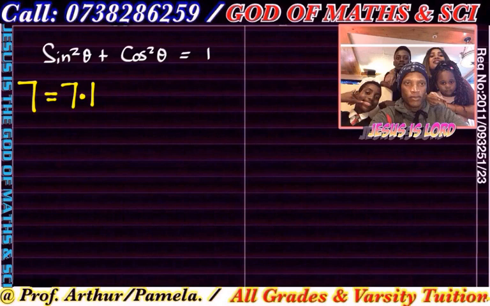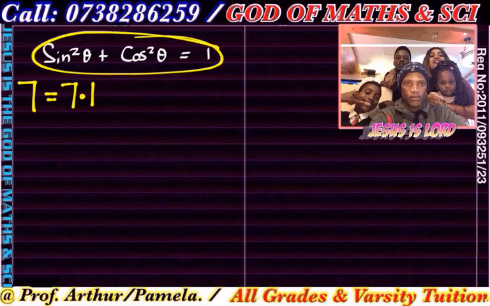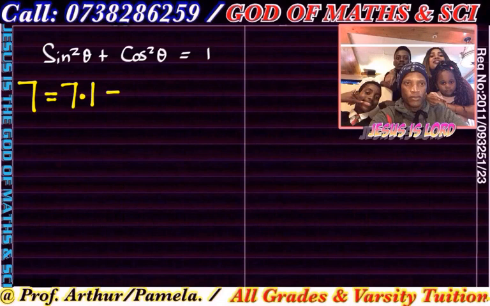But you do know this represents 1. So which means you can write that this is the same as 7 open bracket, then you write sine squared of theta plus cos squared of theta, you close the bracket.